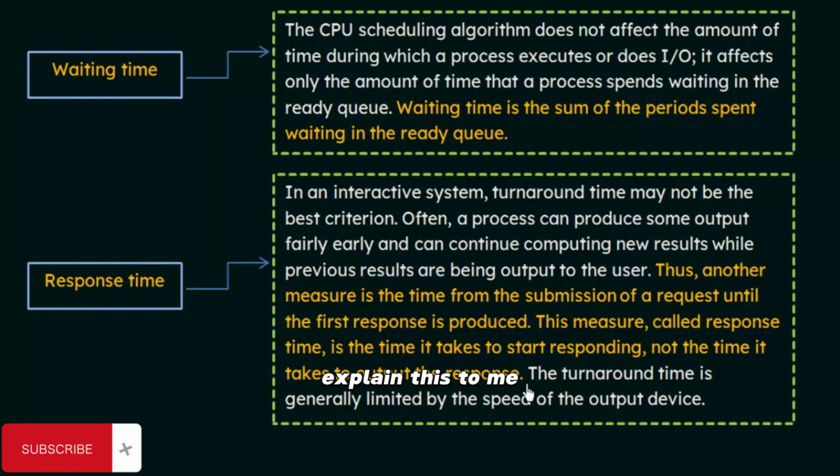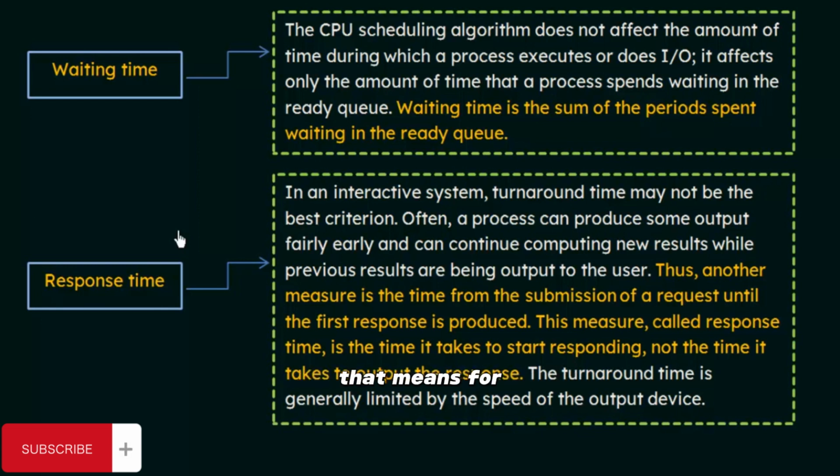To explain this with an example, let's say you have a video file in your computer and you want to watch it, so you double-click on that video. Now what happens? The video takes a little bit of time to load. It does not load instantly. It takes 1 or 2 seconds, or maybe a fraction of a second if you have a very quick system.